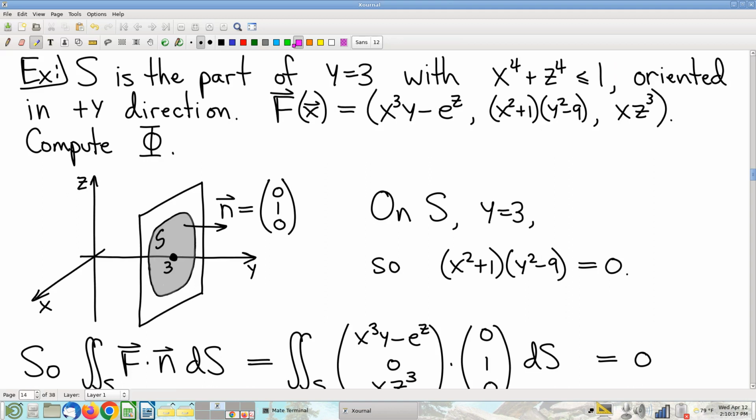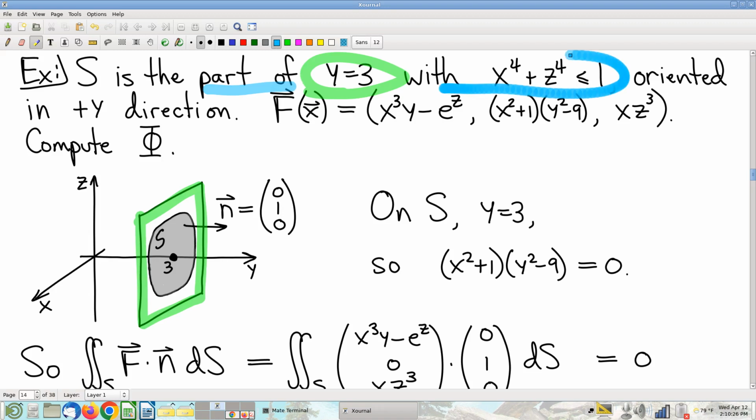Okay, so we've got a surface. It's sitting inside of this plane where y equals 3. Specifically, we're looking at the part of that plane that satisfies this inequality, which means we're looking at this kind of 1950s era tube television screen shaped subset of that plane.